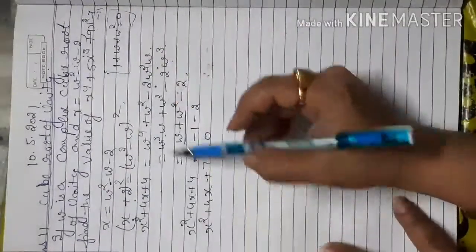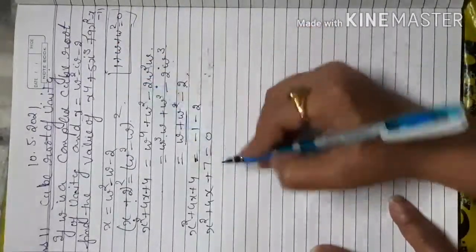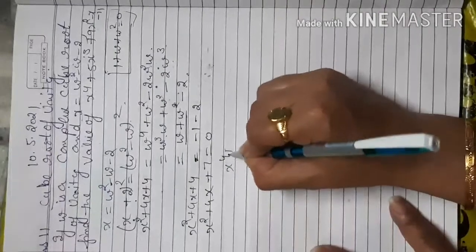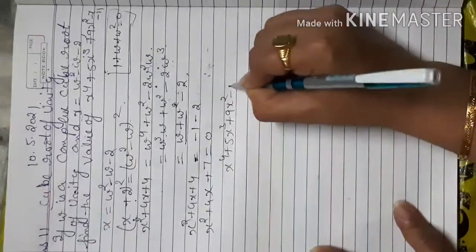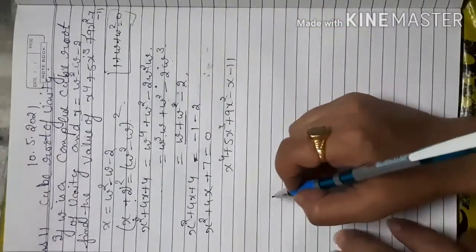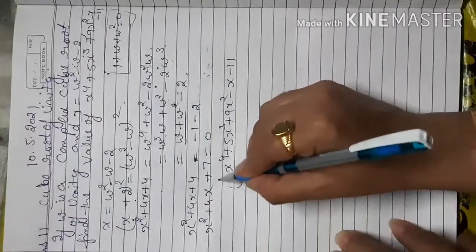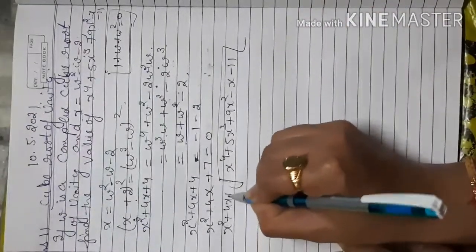Next I have to divide this dividend, x^4 + 5x^3 + 9x^2 - x - 11, by this divisor, x^2 + 4x + 7.